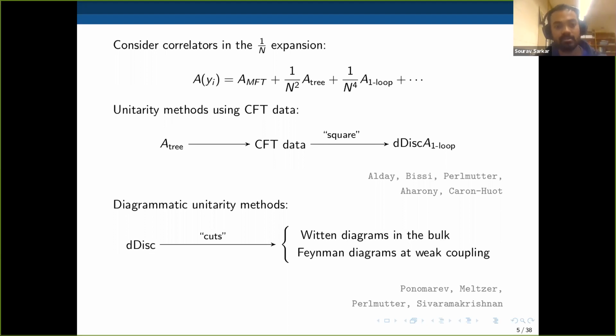Okay, so I was saying that we can take tree-level CFT data and square it in some sense to obtain the double discontinuity. And also we now have more diagrammatic unitarity methods that apply to Witten diagrams in the bulk and also Feynman diagrams at weak coupling.